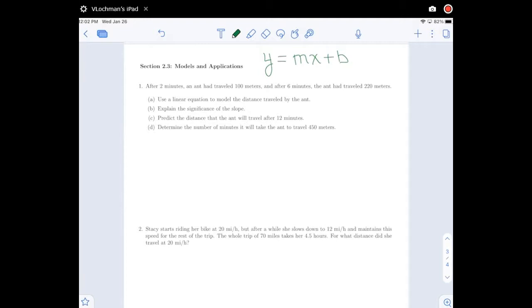The first one says use a linear equation to model the distance traveled by the ant. So distance traveled will be our dependent variable, right? So distance depends on time. We have distance in meters, time in minutes. You can keep the same variables y and x, or you can introduce new ones, whatever you would like.